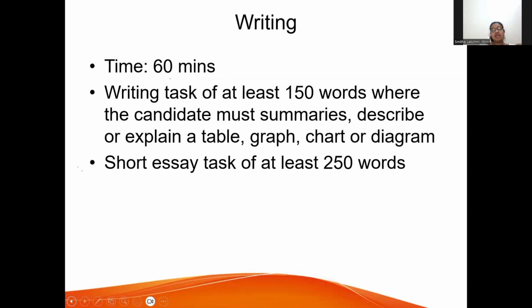This is for the academic. And if you are opting for general, then you have to write a letter. Then a short essay is there, and the word limit for that is 250 words. Both task one and task two should be written within 60 minutes.